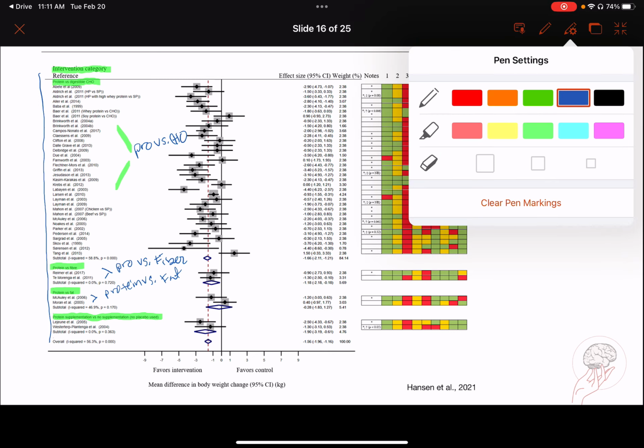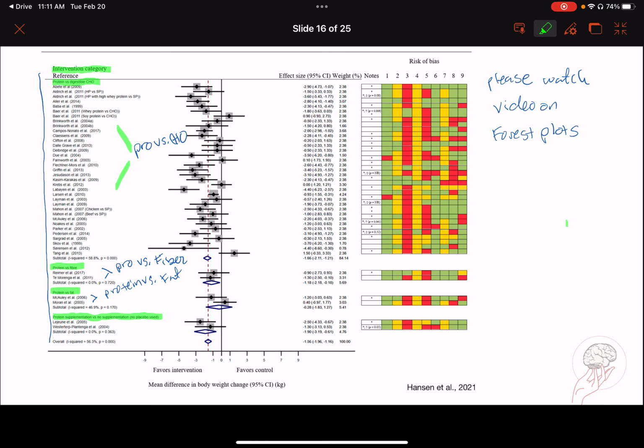So within each of these groups, we see that there's a subtotal I squared with a p-value associated with it. And we have an overall total down here.